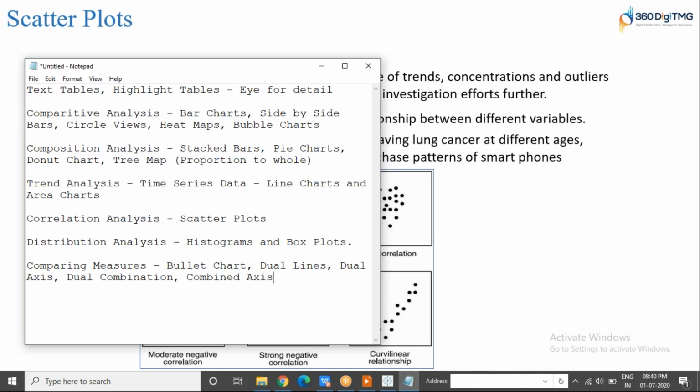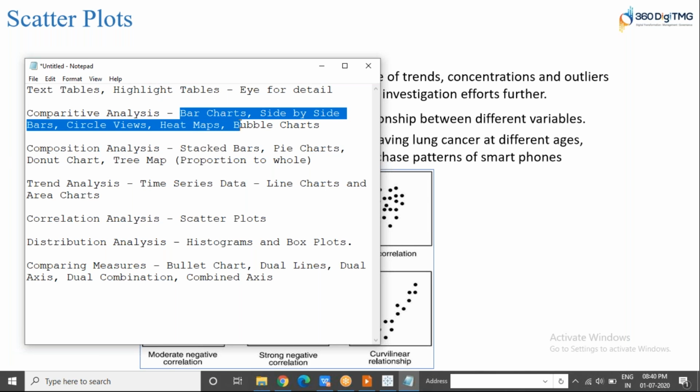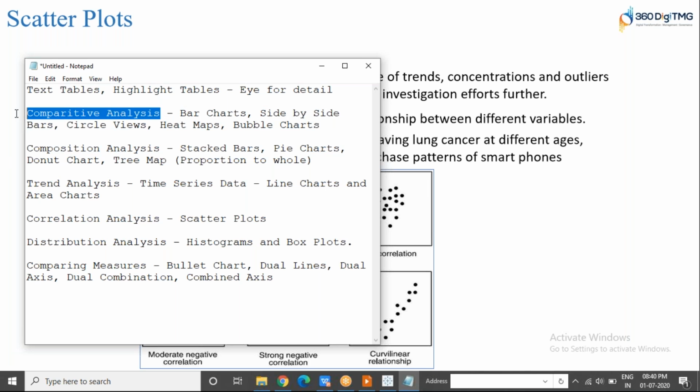And for every chart, we were also discussing not just how to create them, but also when to create them. So this summarizes when to create which chart. Depending on the requirement, if you can put it into one of these categories, then you can decide which graphs to use.